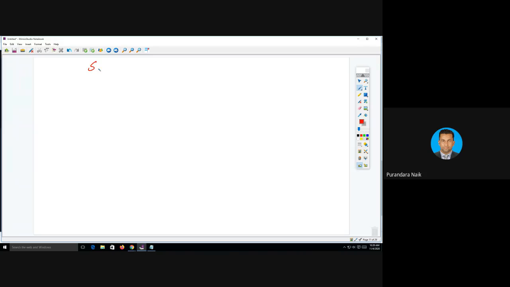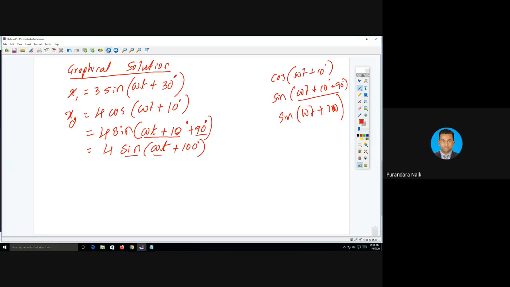Is there any doubt in these equations? Similar to the previous problem. Is there any doubt? No, sir.